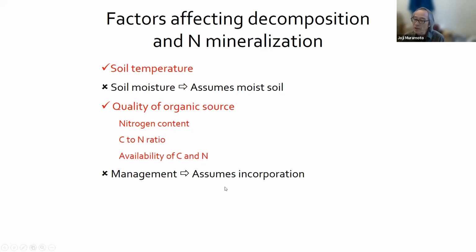For management, it assumes incorporation, not top dressing. Richard Smith's work shows that if you apply fertilizer on top of the soil without incorporating it, the mineralization rate is much slower. So that needs to be taken into account if you apply just top dressing.